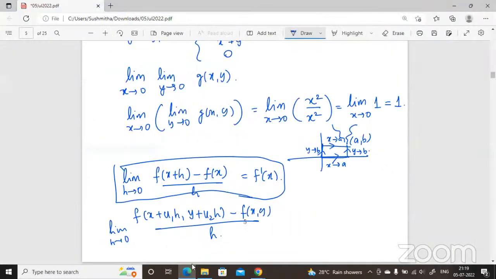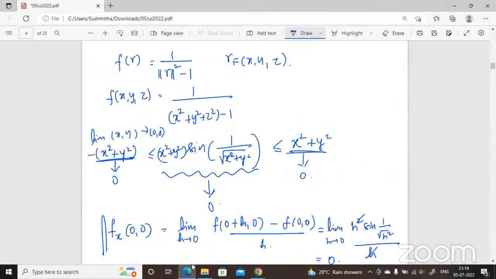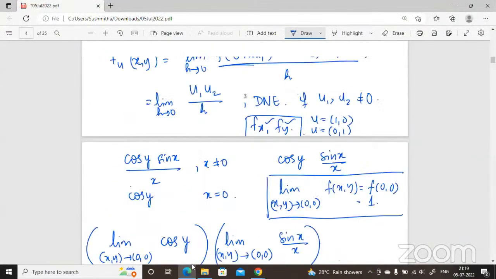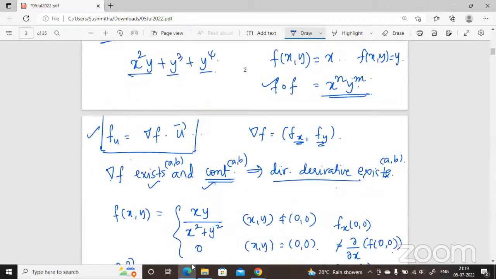This is the theorem, and this is the application of that theorem. The theorem doesn't say that if it is not continuous, the directional derivative does not exist. It only says that if it is not continuous, you cannot use this formula. Okay, gotcha.